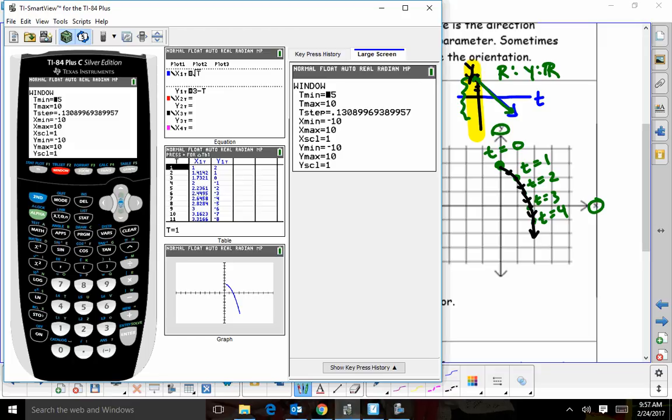Now you can start your t-value where you want, and you can end your t-value where you want. I said, hey, what if I started at -5? Well, is it going to show anything to -5, -4? It's not going to show anything until what? 0. So I don't care. I can start at -5. Doesn't matter. Then I said, oh, I'm going to end my t at 10. Does that mean that the graph is stopped moving?